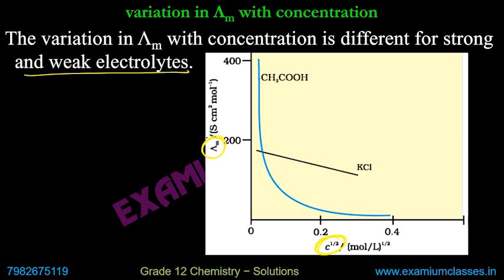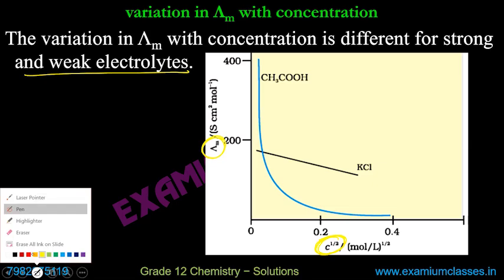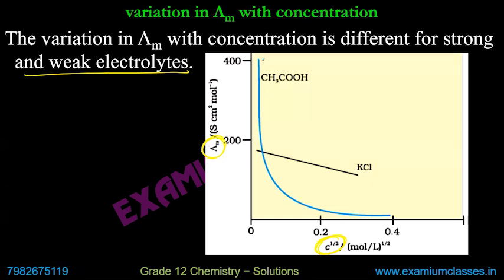For a very weak electrolyte, this is the blue colored graph. If we decrease the concentration, the molar conductivity will increase.